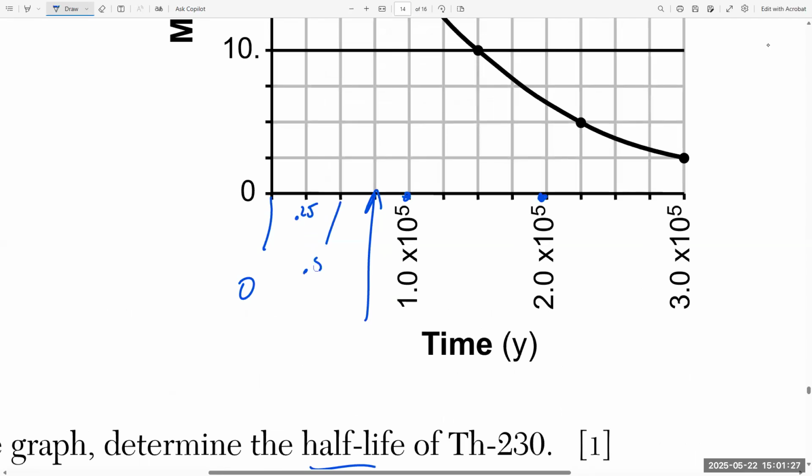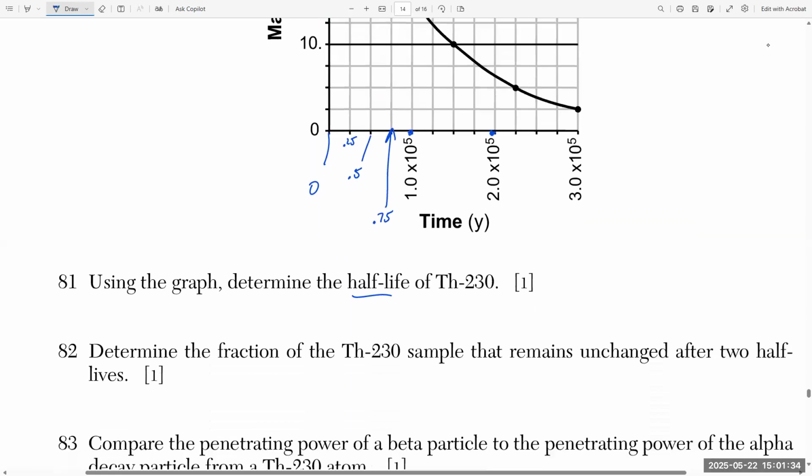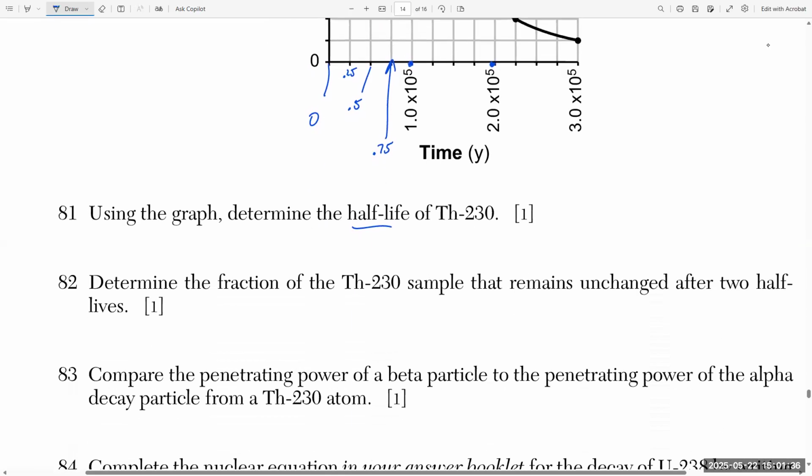This is going to be 0.5. This is going to be 0.75, and that's 1, isn't it? So the answer is actually going to be 0.75 times 10 to the 5th, right? Because I'm looking at 1, 2, 3 and subdividing it.